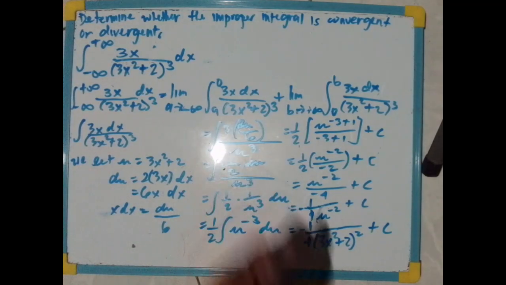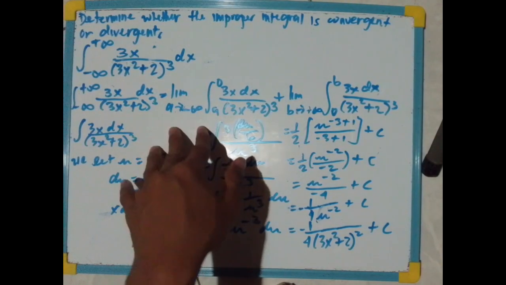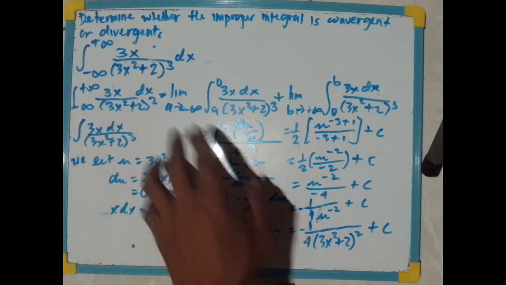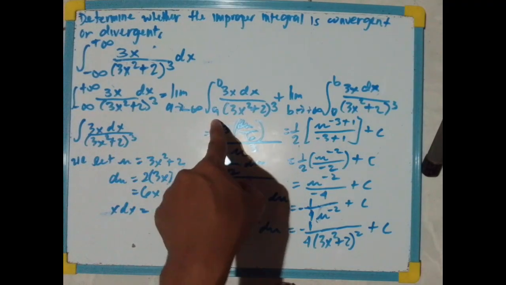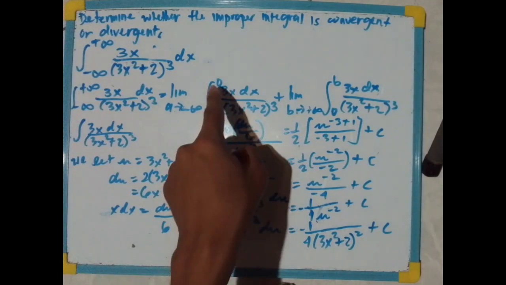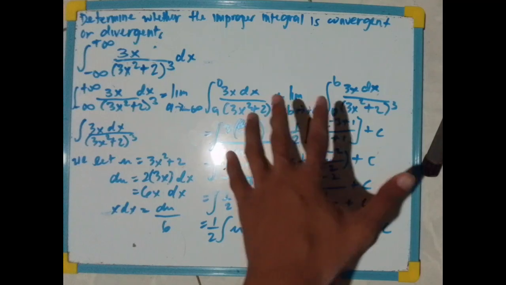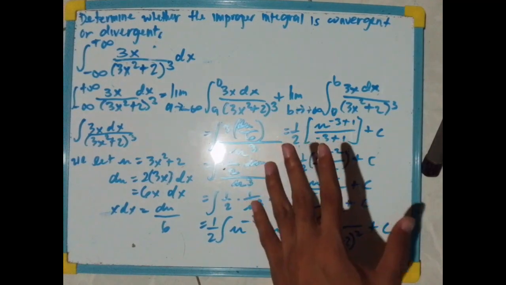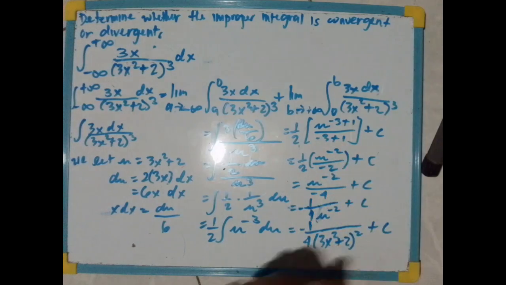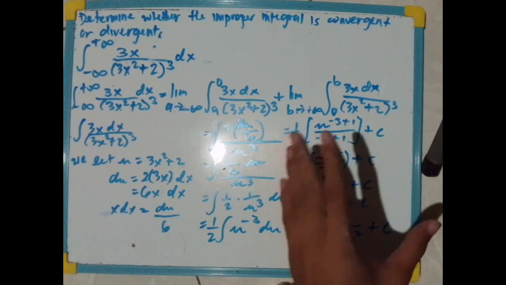So the definition will be the limit of, so basically the negative infinity here is substituted by a, then the upper boundary will be 0, then just like the other, the upper boundary will be substituted by b, and the lower boundary now is 0.